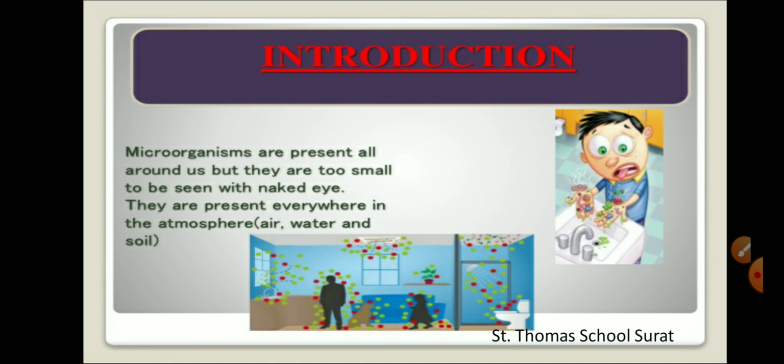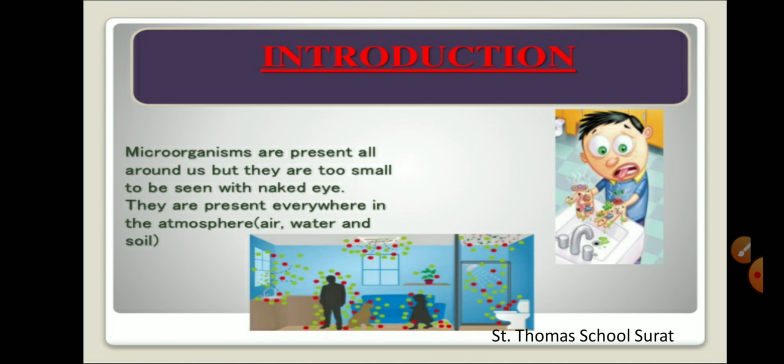Microorganisms are present all around us, but they are too small to be seen with naked eyes. They are present everywhere in the atmosphere, that is air, water and soil, isn't it?